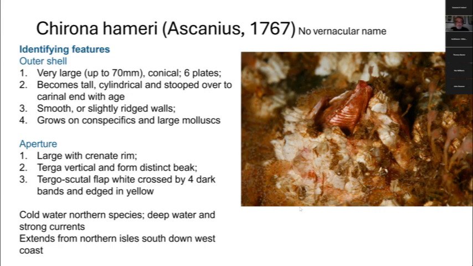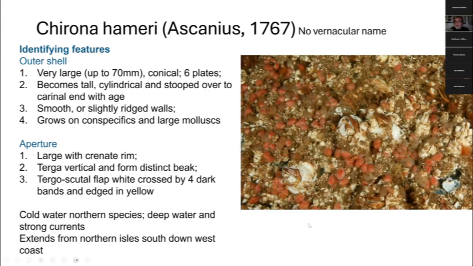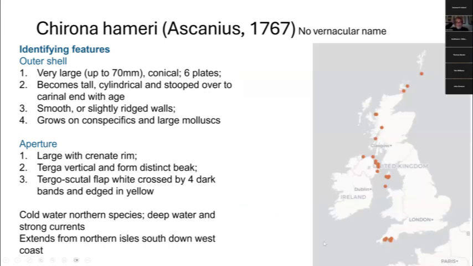Here's a wider angle shot showing several individuals of Chirona hammeri, all growing over each other and surrounded by Dendrodoa and other barnacles and serpulids and things. So yeah, it's a cold water northern species, likes deep water and strong currents, and extends from the Northern Isles down the west coast.